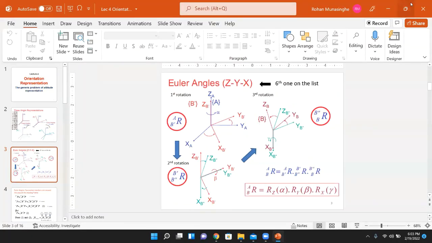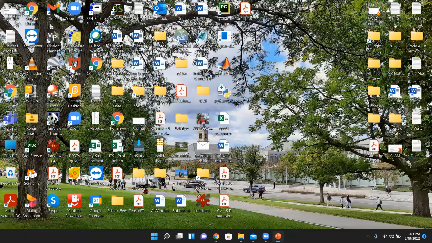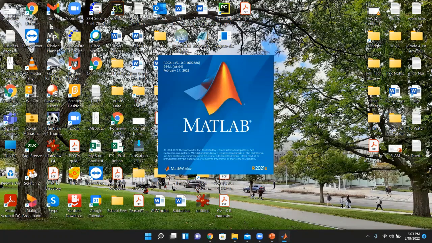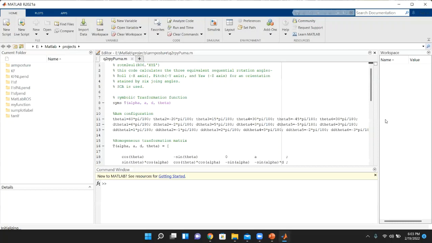So again, if you go to MATLAB, I should have kept it open, you can exercise all these things pretty easily.